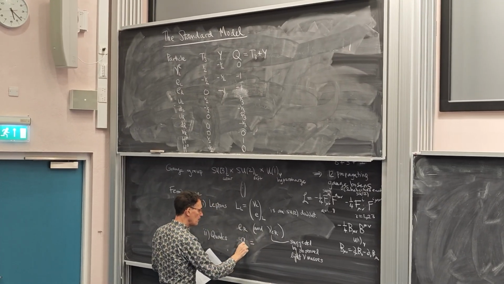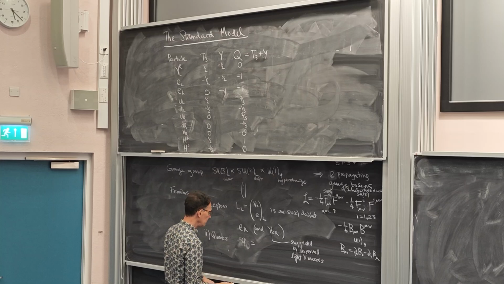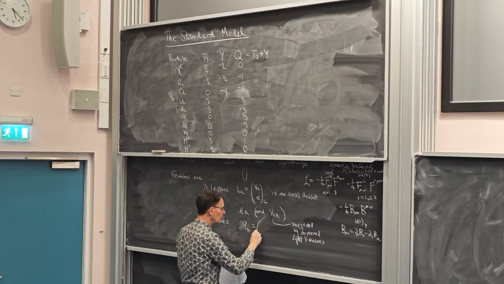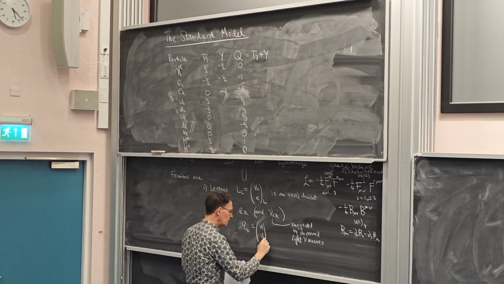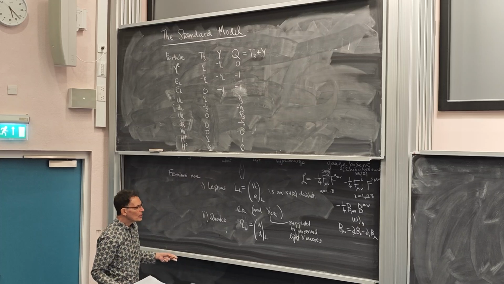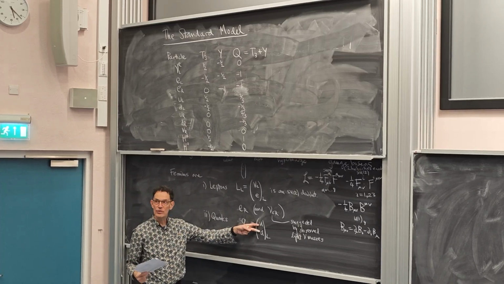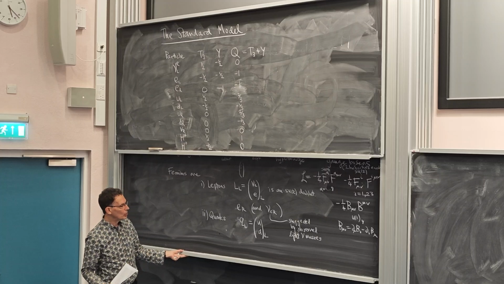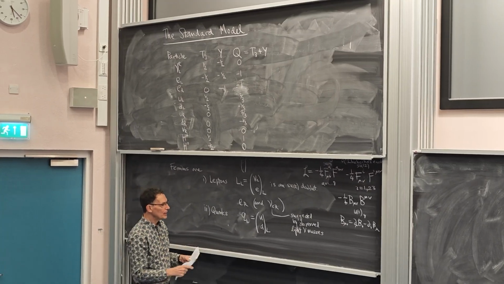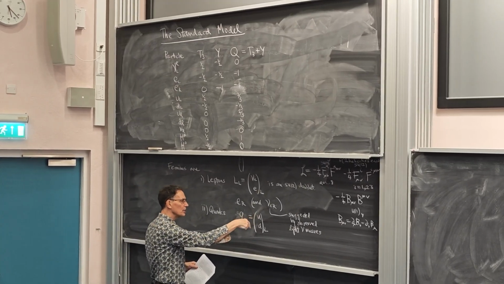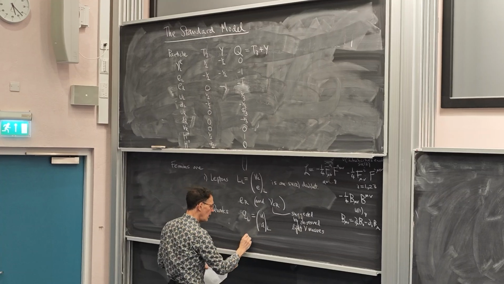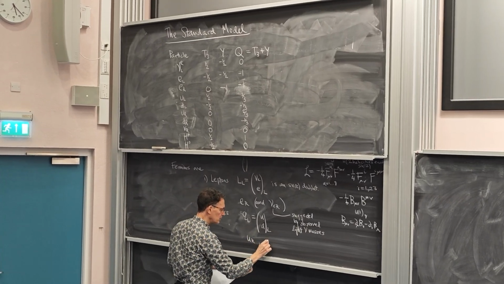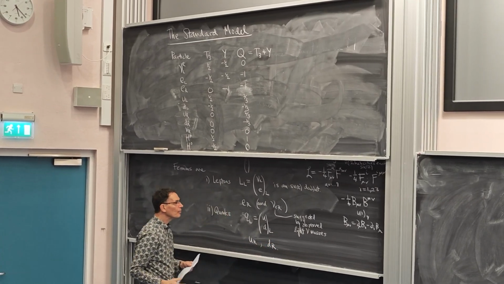I'll use a little q. Up, down, left. So there are two quarks in every generation of fermions, an up-type quark and a down-type quark. Again, the left-handed versions come in doublets, and then you have u_R and d_R.